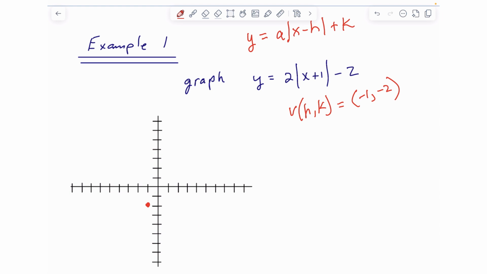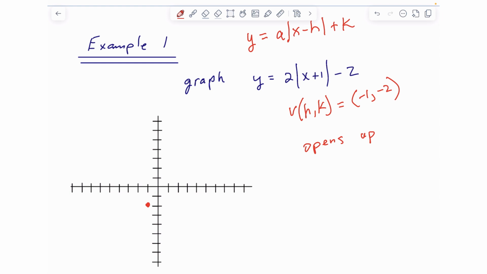Now, let's talk about the things that we know. Remember, we talked about how a has a lot of influence on this graph. Because a is positive, it's going to open up. Next, we also know that it's going to be narrow because a is greater than 1.